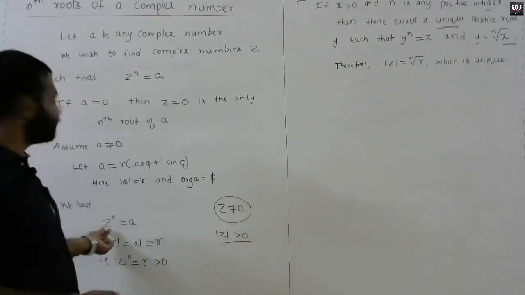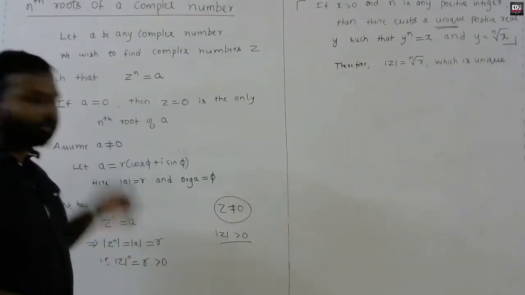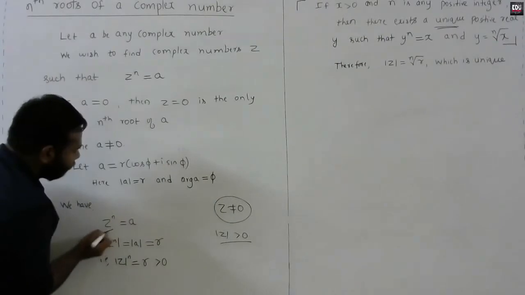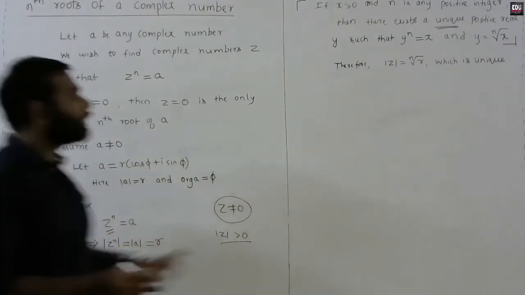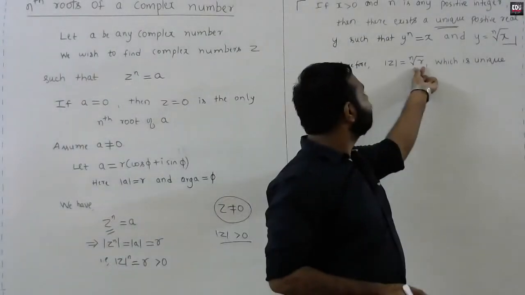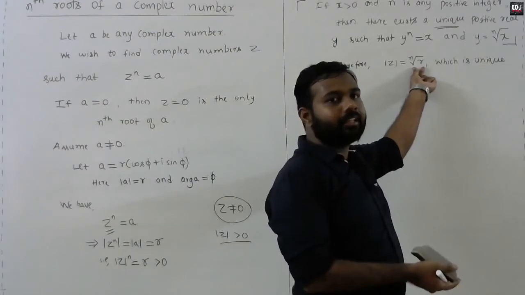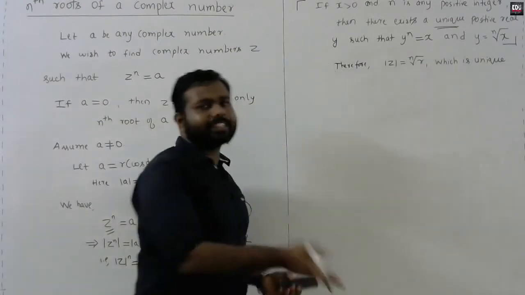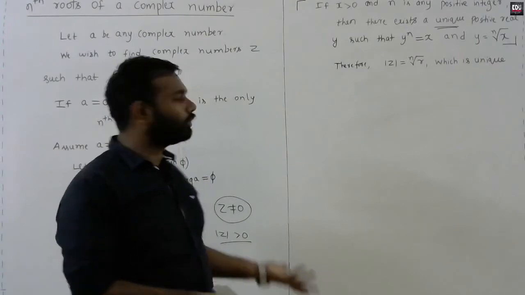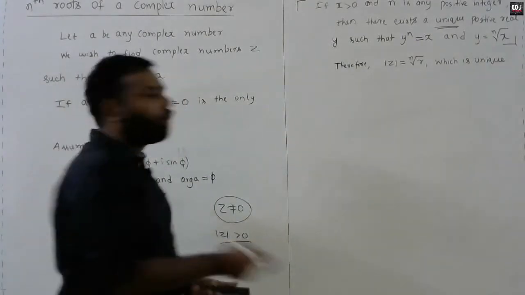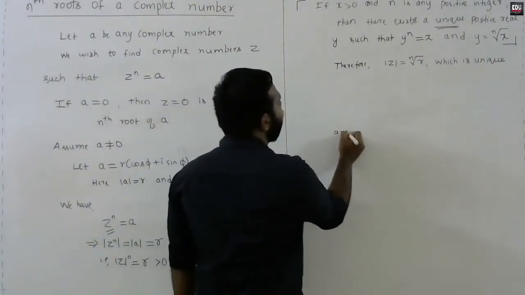Hence we can express that in the polar form, right? So actually we have to find the complex number Z. As their moduli is already known, we shall express those in the polar form itself. To do that, it only remains to find their argument value.